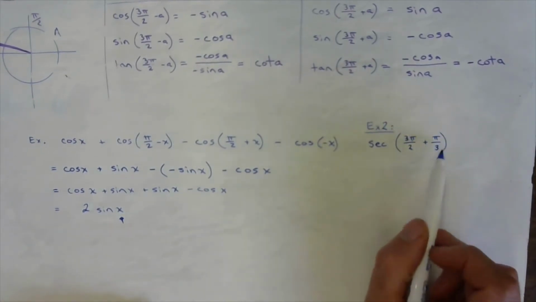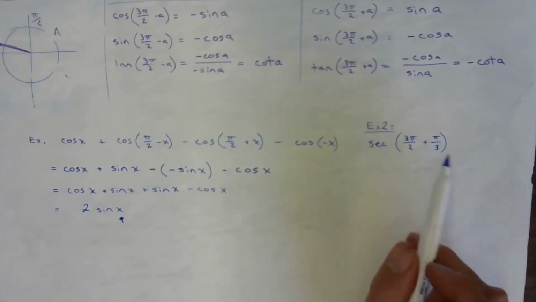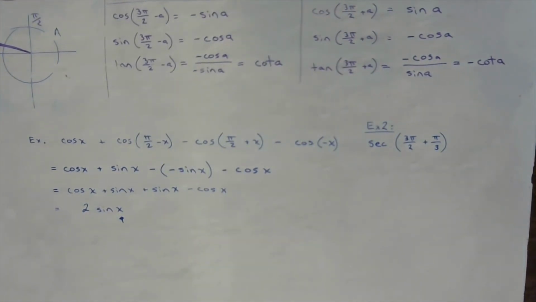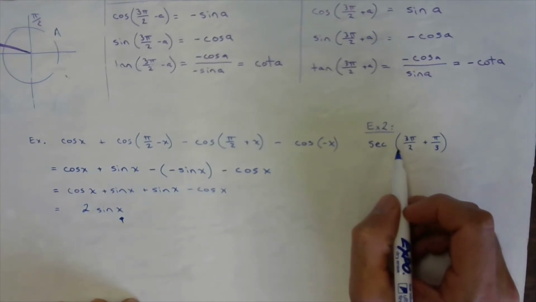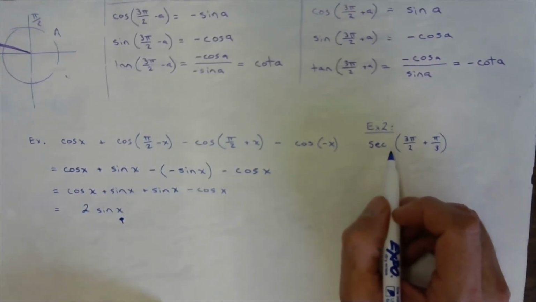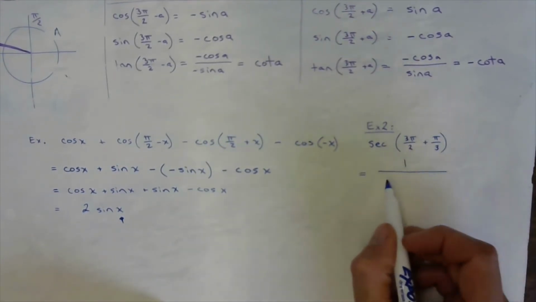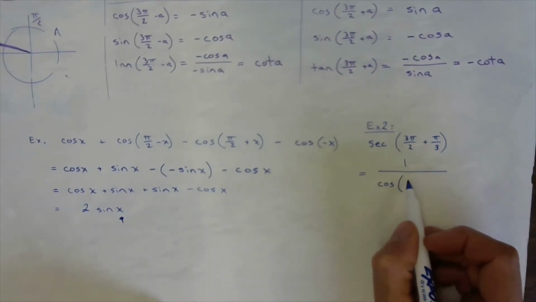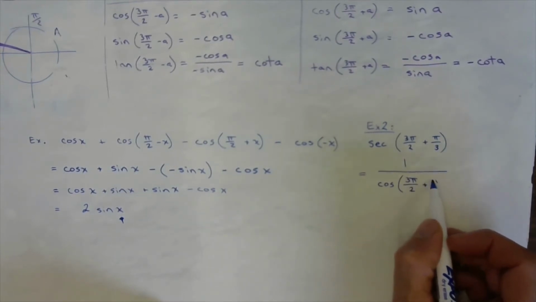It's a double angle, I guess you could call it. I think we get into that a little bit later. But the first step is always to take out the secondary trig ratio. So instead of writing it as the secant, we're going to flip this over to its reciprocal primary trigonometric ratio, which is cosine. So we have 1 over the cosine of 3 pi over 2 plus pi over 3.